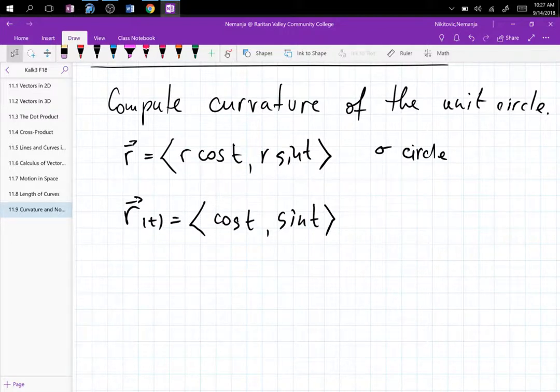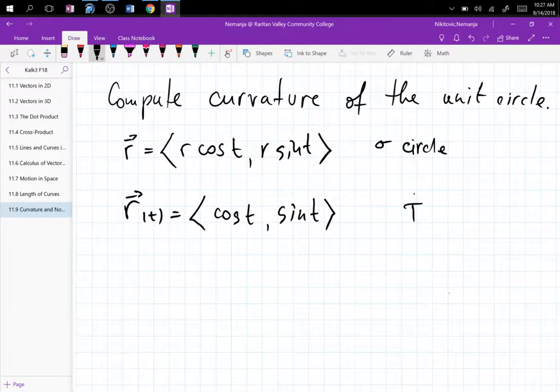Next question is, what is the unit tangent vector? How do we calculate that one? R prime over magnitude R prime, yes.